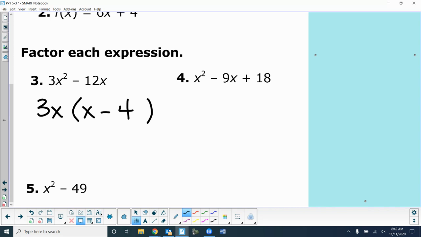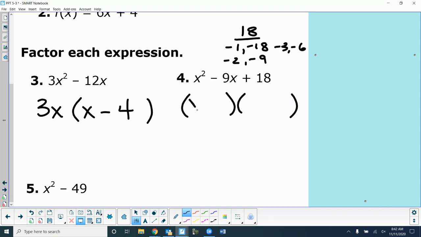Since A is 1, all I worry about are factors of C, right? And if C is positive, they're both whatever B's sign is. So these are both negative: negative 1, negative 18, negative 2, negative 9, negative 3, negative 6. Any of those add up to negative 9? Negative 3, negative 6.